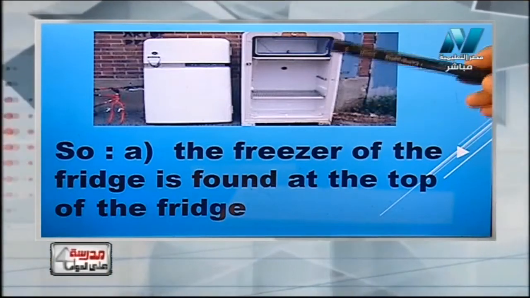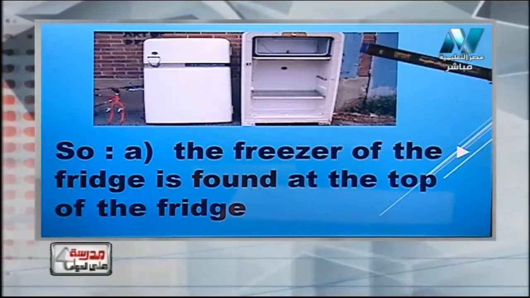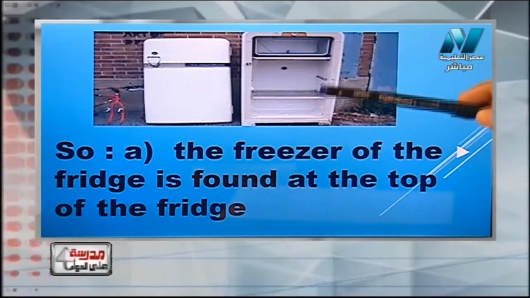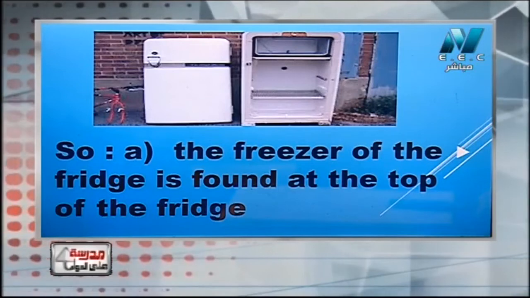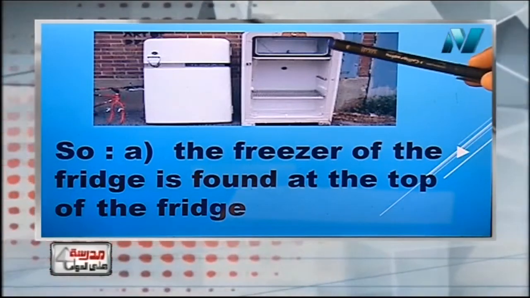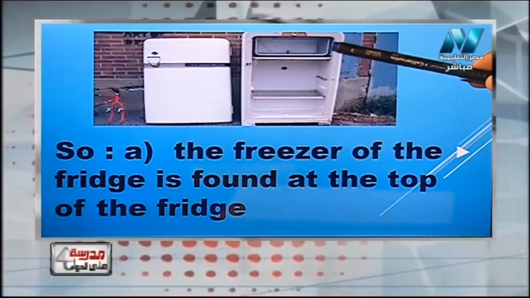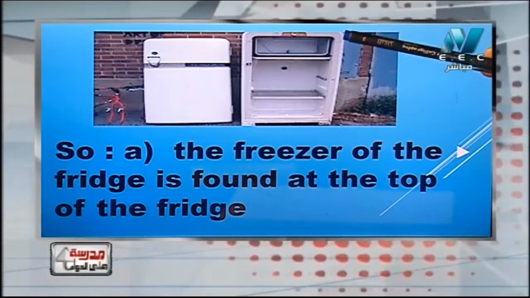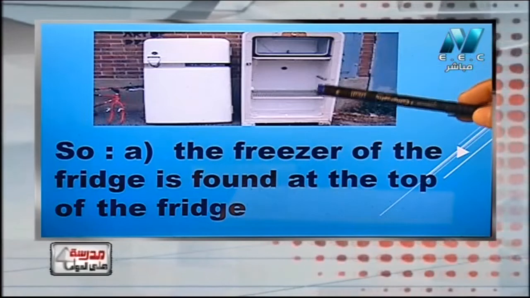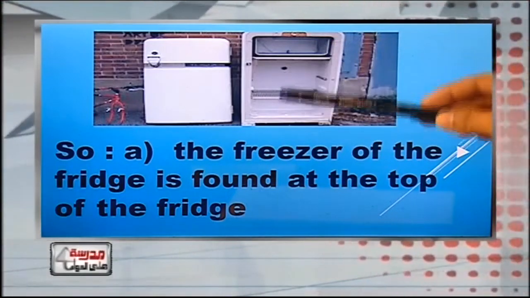Give reason why? Because we need to cool the whole objects inside the refrigerator, and the freezer makes air cold, and this cold air has higher density, so it falls down and makes all food cold.